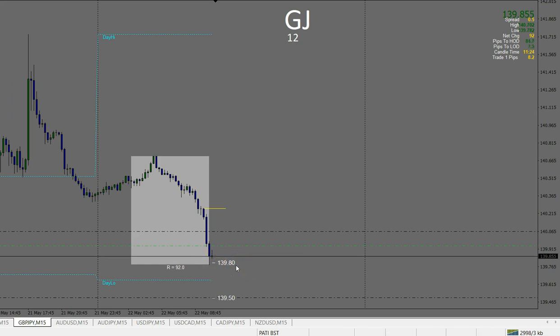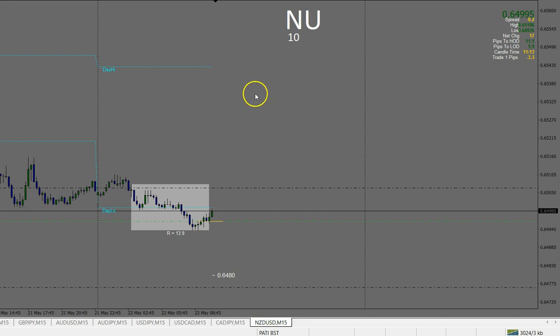So we'd like to see that Japanese yen strength kick in again, or even this pound weakness that we're also seeing to continue through this 80 and down to where I've got my take profit down at 50. And New Zealand dollar, US dollar, not doing a great deal, pulling back there and bouncing against that previous day's low. And so that's where we are at the moment, down 5 pips and holding 4 trades. So I'll pause the video again and I'll be back shortly.